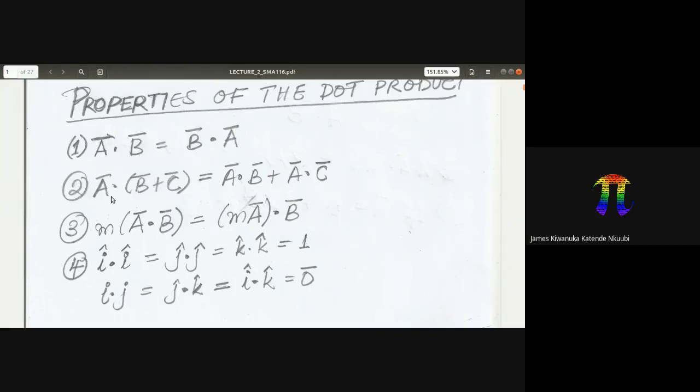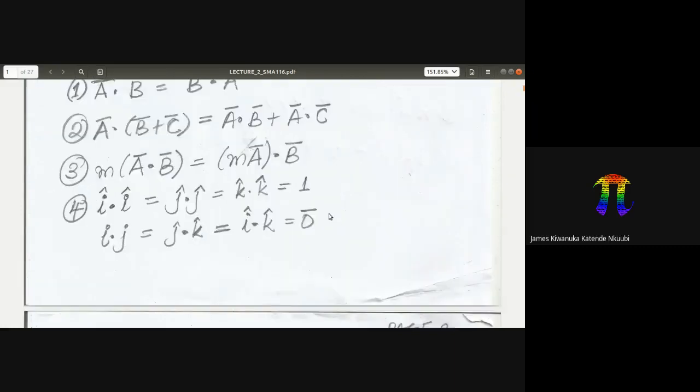A second property is the distributive property, so that a dot product is distributive over vector addition, so that A dot (B plus C) is equal to A dot B plus A dot C. So keep these properties in mind because you shall be using them. If you multiply the dot product of two vectors by a scalar on the outside, then you can multiply by one of the vectors first, then get the dot product, and still get the same result.